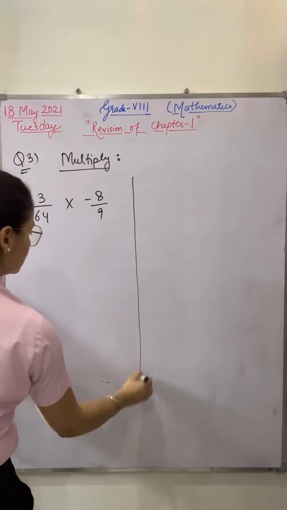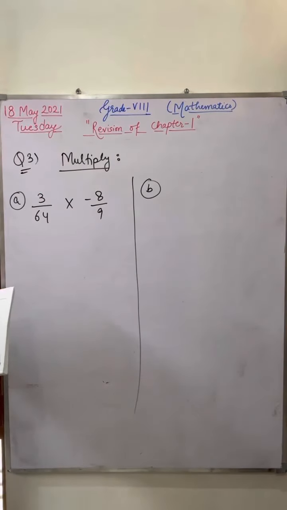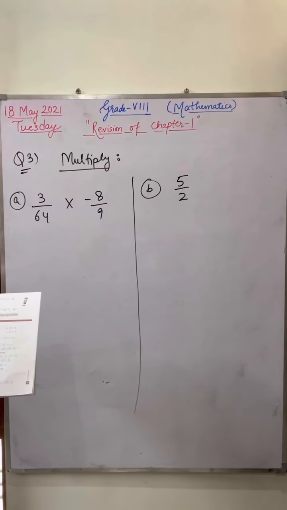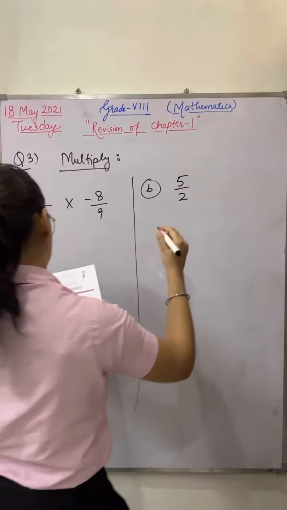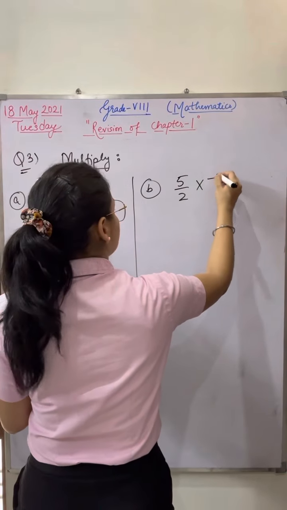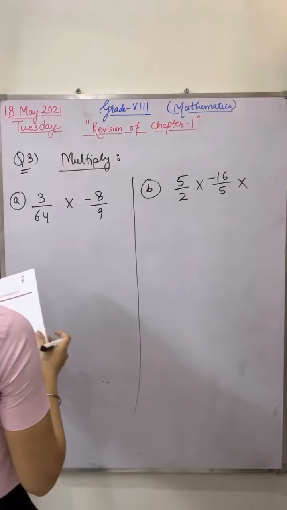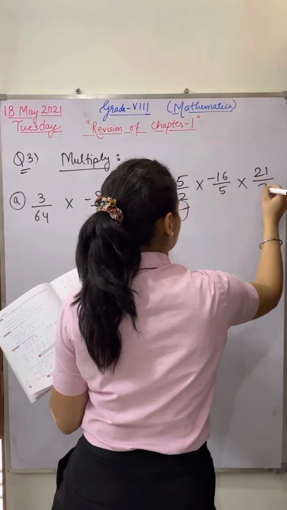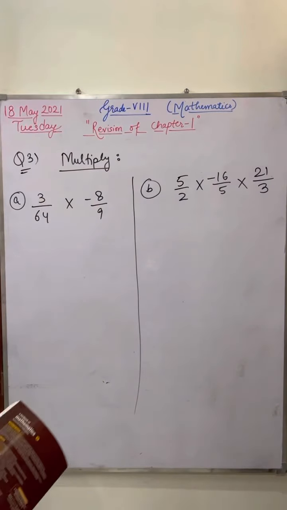B part: 5 upon 2 multiplied with minus 16 upon 5 multiplied with 21 upon 3. Now you have to take out the answer.